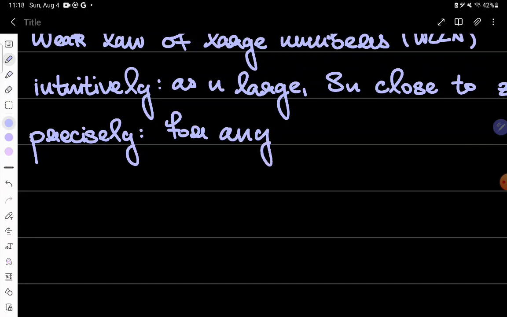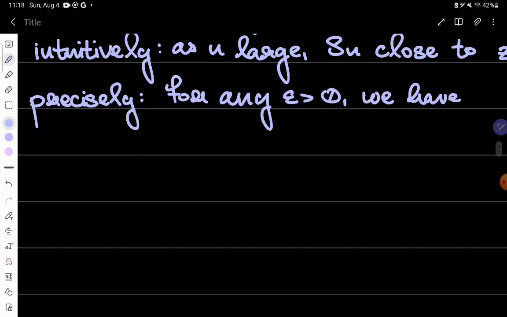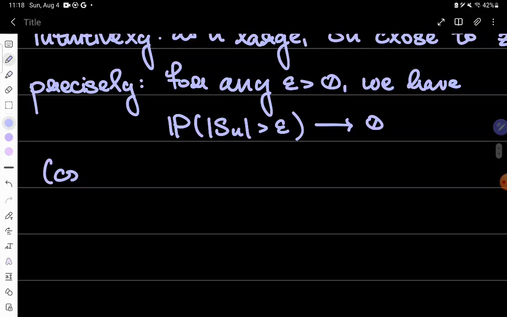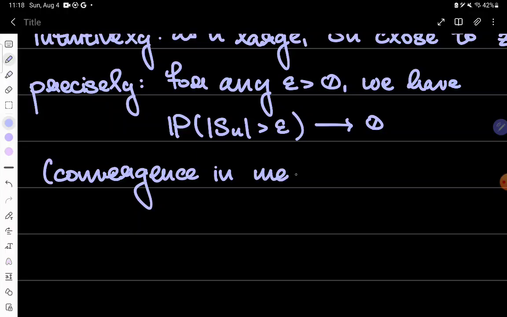For any epsilon greater than 0, we've got that the probability that, let's say, the absolute value of Sn is greater than epsilon goes to 0. All right, so we can choose epsilon arbitrarily small, and the probability that this is greater than epsilon actually goes to 0, which shows that in some sense, Sn is going to be about 0 as n grows large, the number of trials increases, or the number of digits that we look at. So this is convergence in measure.